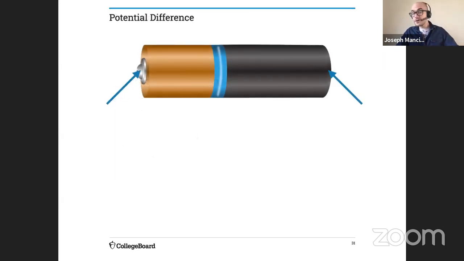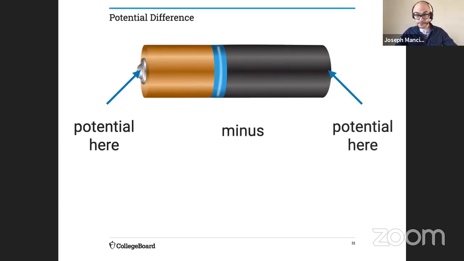So one of the hardest words I struggle with even now is the conversational usage of the word voltage and the precise usage of the word voltage. Voltage is shorthand for the difference in electric potential. It is literally the potential at one point minus the potential at another point.